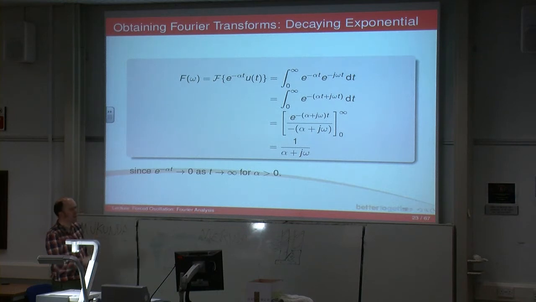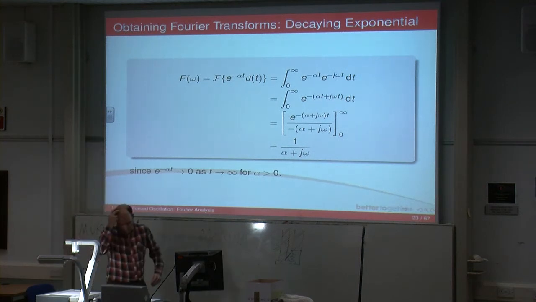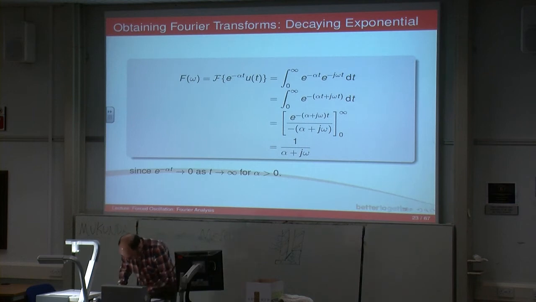Function times e to the minus j omega t dt. That's the Fourier transform equation, equation 8.9 on page 128.